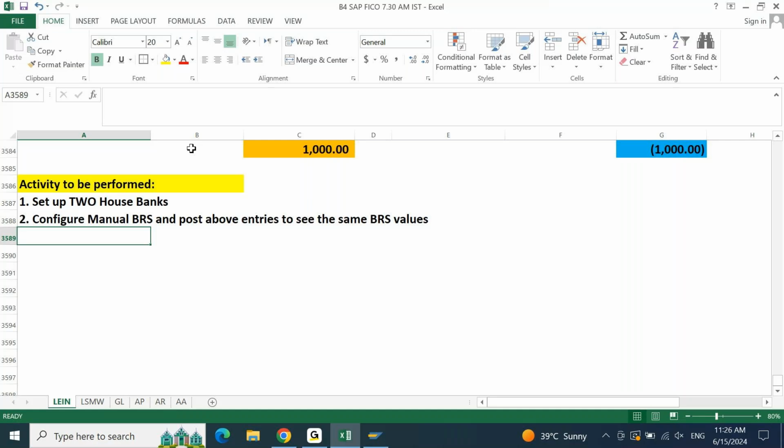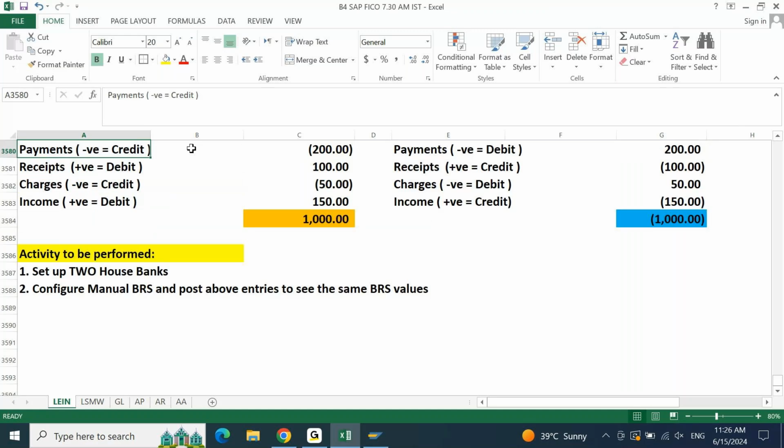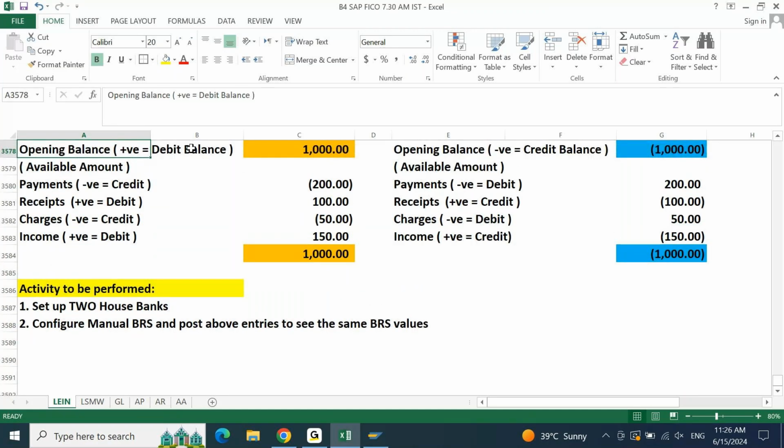Meaning you need to set up a house bank, then set up manual BRS, post the same entries, and bring the same balances from the manual bank statement.